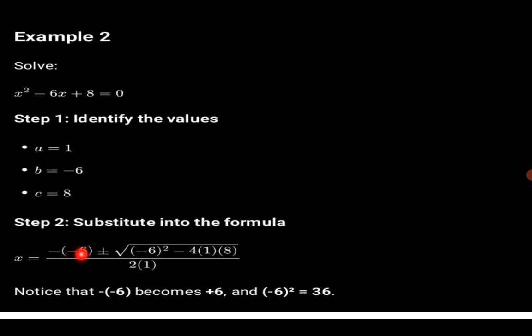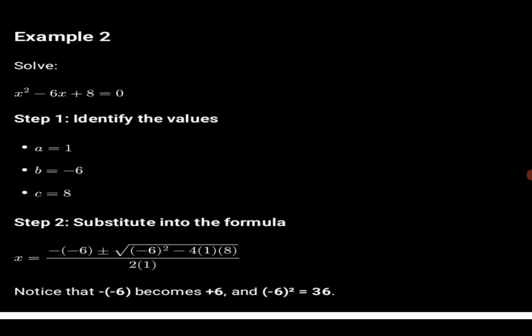6. This is B, this one. We bring it down here. Plus or minus root of minus 6 squared minus 4 times 1 times 8. 1 is the value of A and 8 is the value of C. Down here we shall have 2 times 1, which is 2 times A. Notice that minus multiplied by minus 6 becomes positive 6.